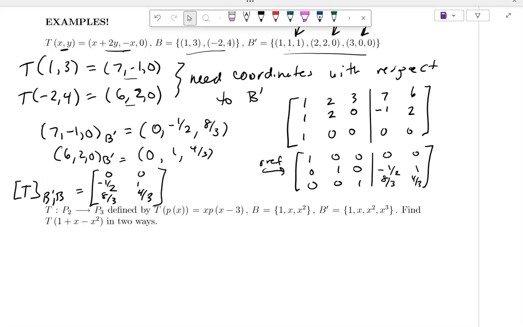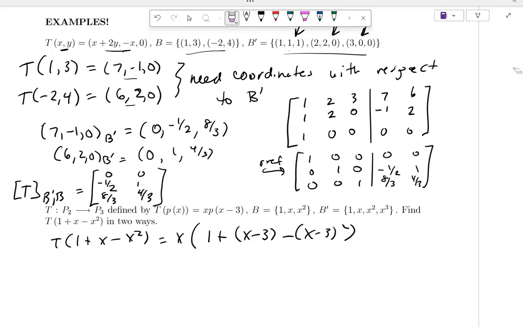I'll write it down. If I have 1 plus x minus x squared, the notation says take x times 1 plus x minus 3 minus x minus 3 squared, right? It's function composition, right? Take out the x, put in x minus 3, multiply the result by x.